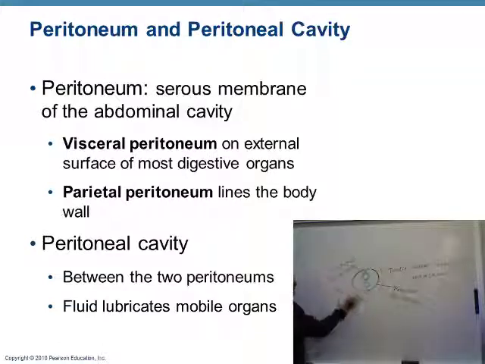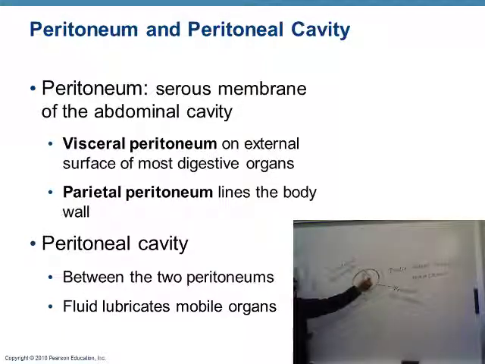Okay, so this is the parietal layer and this is the visceral layer. Visceral layer covers the abdominal organs and parietal layer is attached to the wall. For example, this is your stomach, this is your liver. Those are covered by peritoneum.